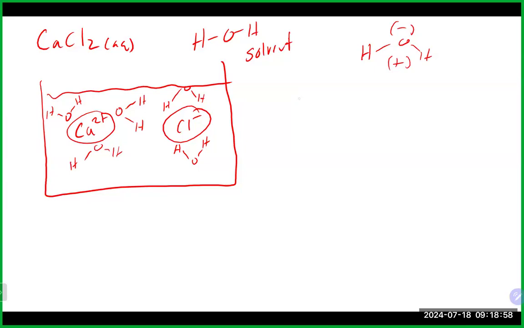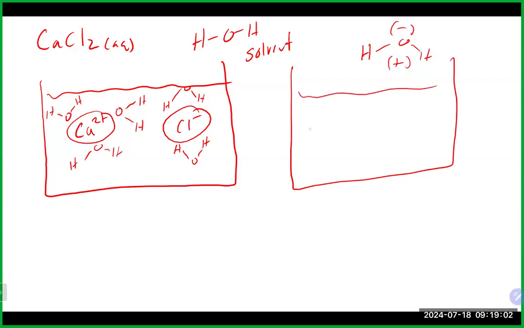But sometimes when you're doing problems, you may not be interested in the whole ionic compound as a whole. You may be interested in the concentration of the ions that are floating around in the solution. Maybe you're interested in just the concentration of the calcium ions, the chloride ions that are floating around in that particular solution.